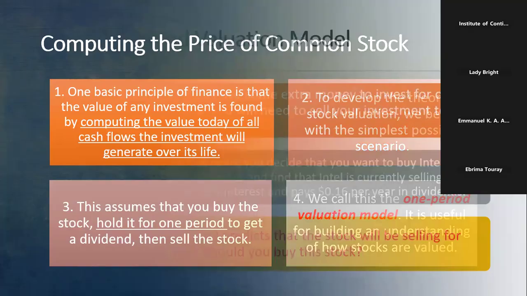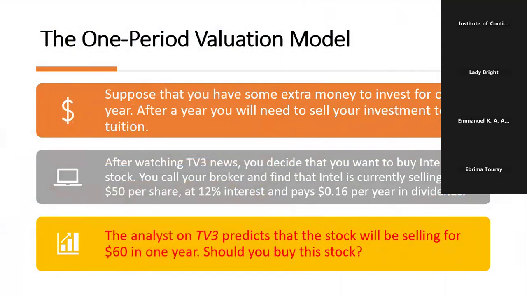One period valuation. Suppose that you have some extra money to invest for one year. After a year, you will need to sell your investment to pay tuition. After watching TV3 News, you decide that you want to buy Intel Corporation stock. You call your broker and find that Intel is currently selling for $50 per share.